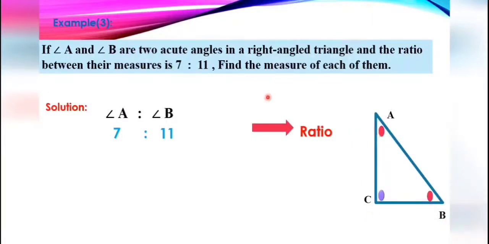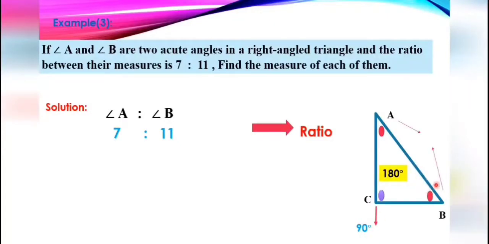So I know that the sum of the interior angles of the triangle is 180. The sum of the three interior angles of the triangle is 180. And I know that angle C, the right angle, equals only 90 degrees. The measure of angle C only is 90 degrees.